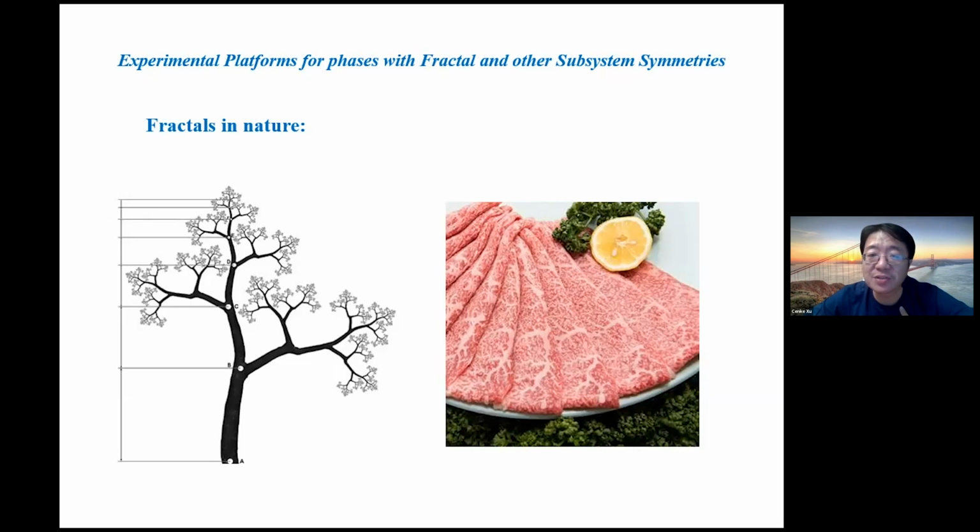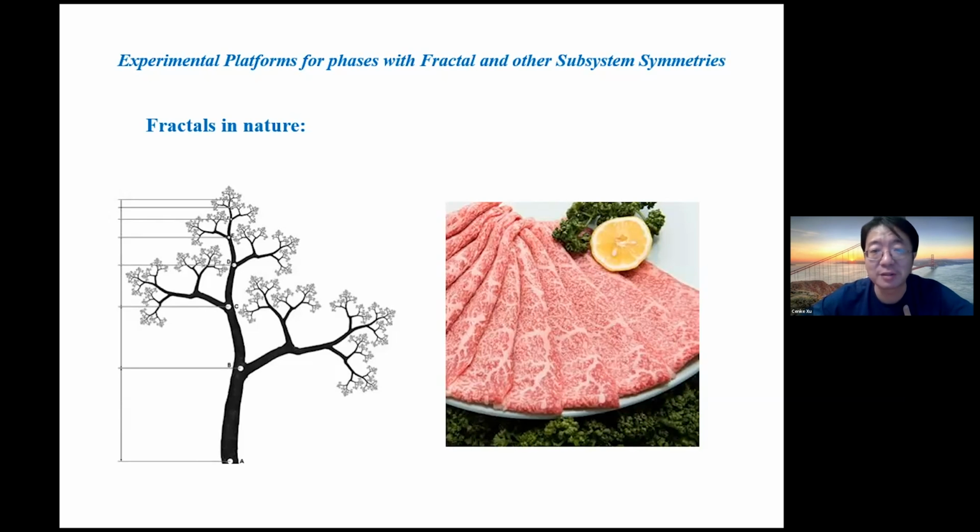In this beefsteak, you can see the fat distribution also has this kind of branching structure. If you Google online, you can find research papers studying the fractal dimension of beefsteak, and some papers even made a connection between the price of the steak and the fractal dimension of the fat distribution.